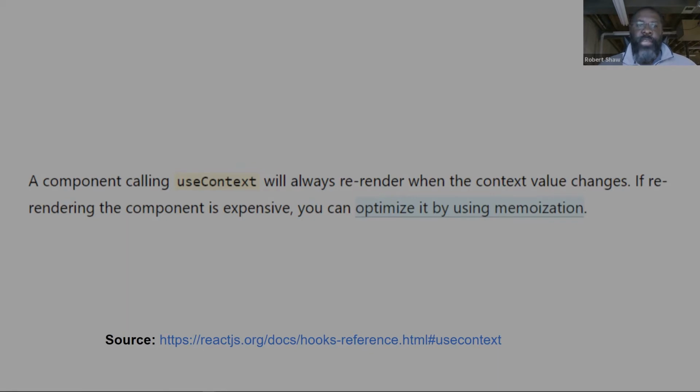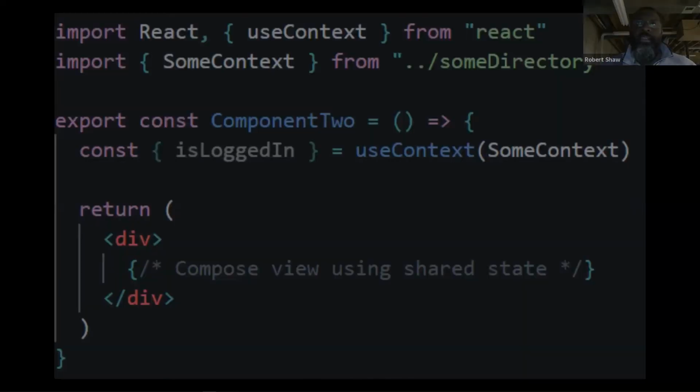I think a lot of people, when hooks were first introduced and people started to re-architect their apps, might have run into this, where like here, this component is only interested in one piece of that shared state, but because of this useContext here, we are forced to re-render even though we are only concerned about one piece of the shared state, right?